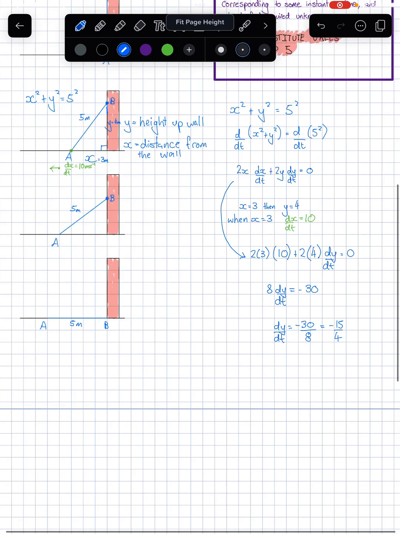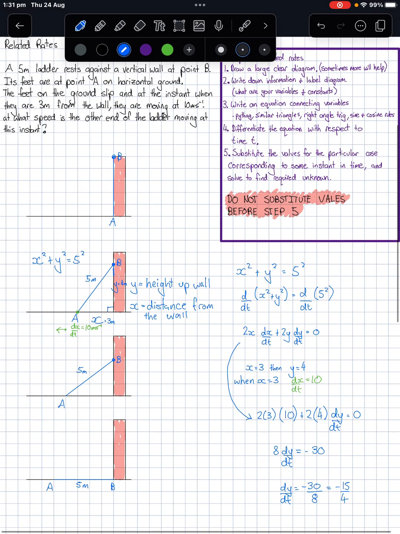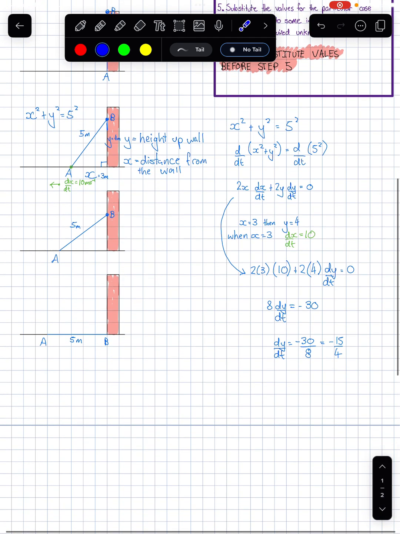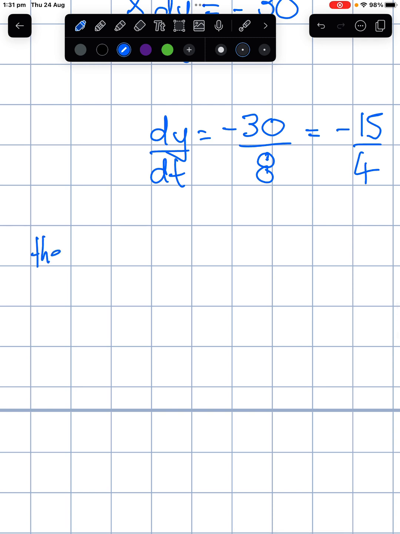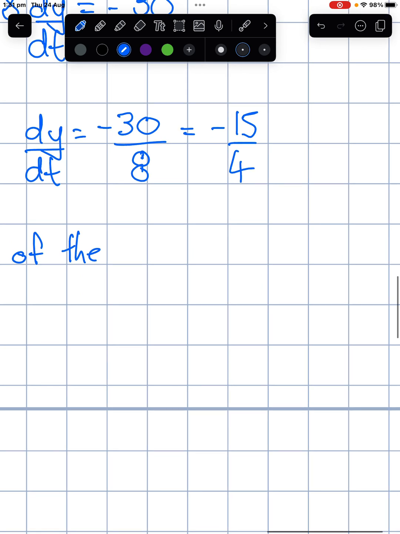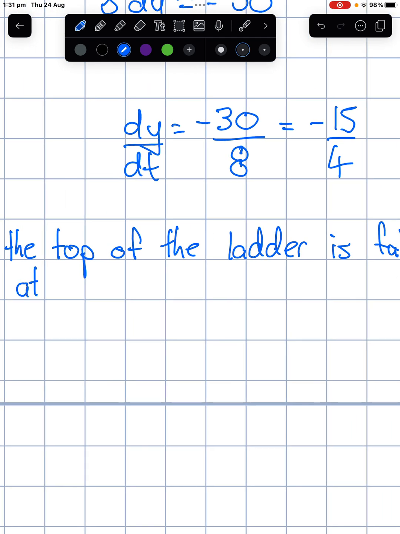So that allows us to then ask, what is the speed at the other end of the ladder? If this ladder is falling out here, this one's falling down, and we can see here it's falling at 15.4 meters per second. So if we write that, the top of the ladder is falling at negative 15 on 4.